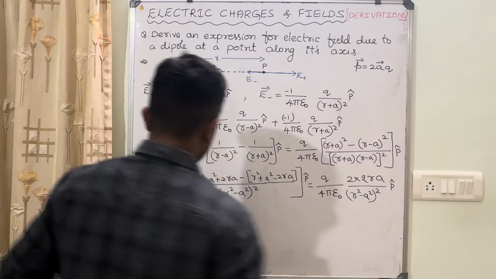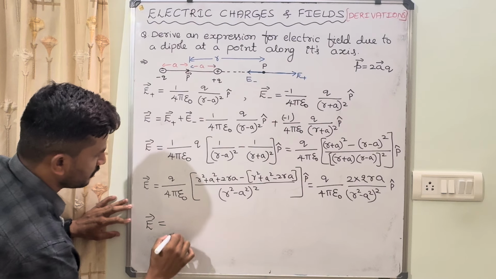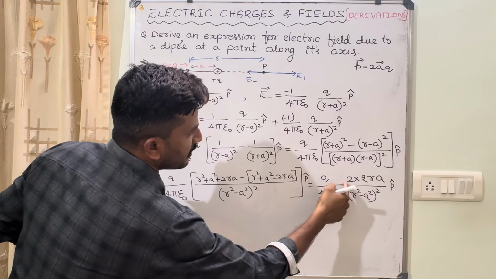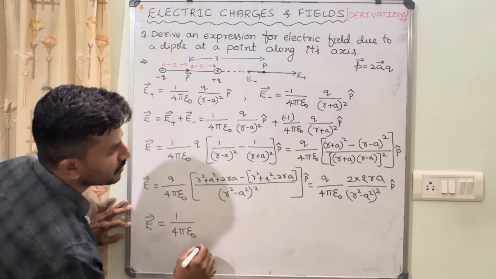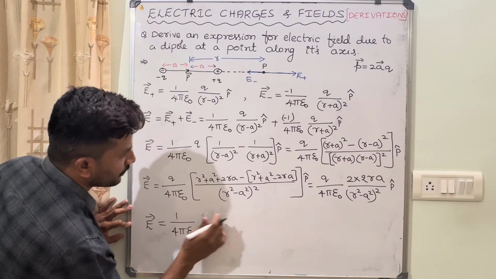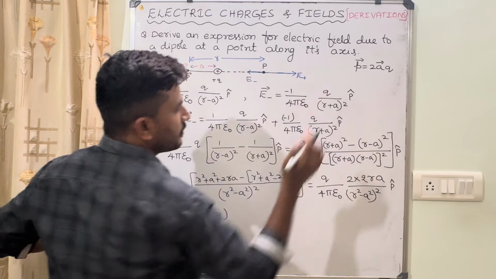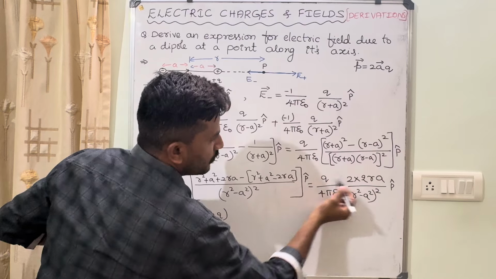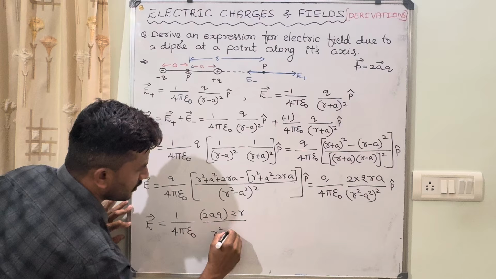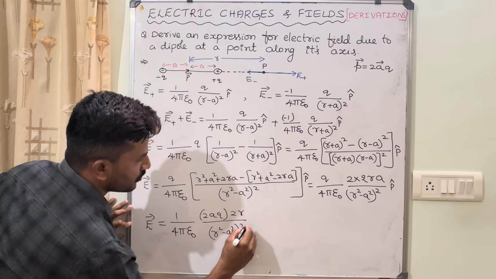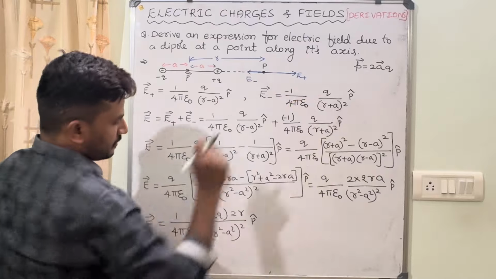Okay, yeah. So here we have E is equal to 1 over 4 pi epsilon naught. What I will do is, I will write 2AQ separately, because 2AQ can be written as P, and the remaining 2R is there, divided by R square minus A square whole square P cap. 2AQ is P, yes or no?